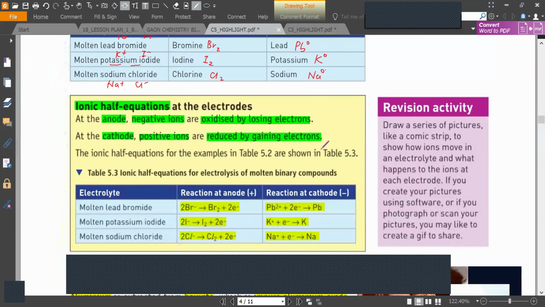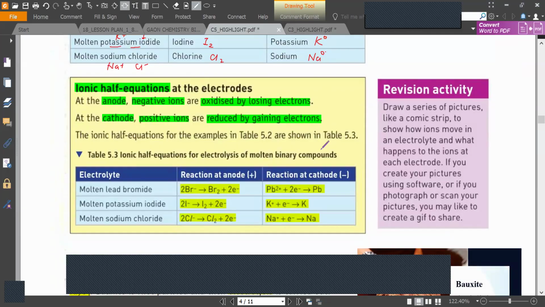Now, the half ionic equations. For the extended course, we need to know how to write the half ionic equations as well. The non-metal always reacts at the anode, and the metal always reacts at the cathode.